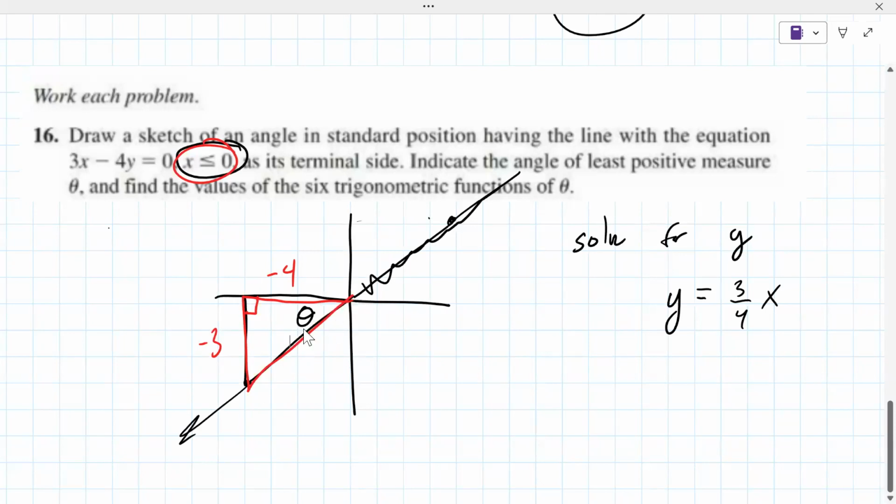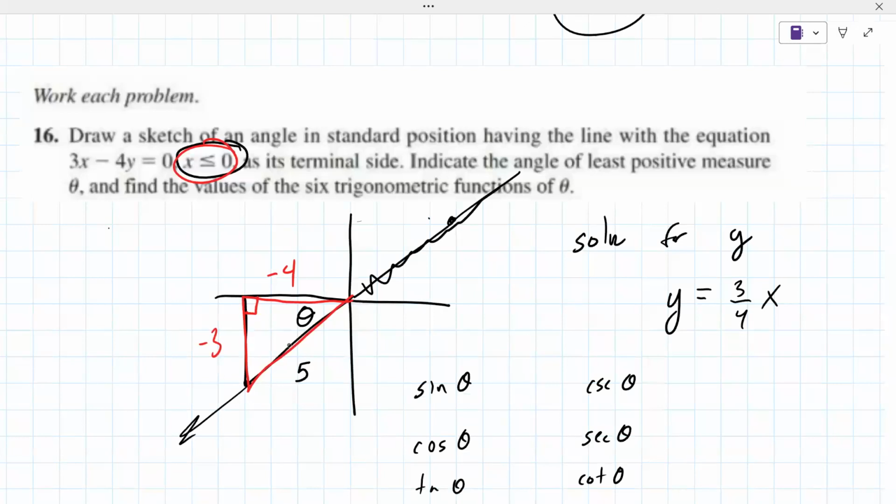Could you find the hypotenuse of this triangle? It's 5. All right. So now you can find the 6 trigonometric functions: sine theta, cosine theta, tangent theta, cosecant theta, secant theta, cotangent theta.